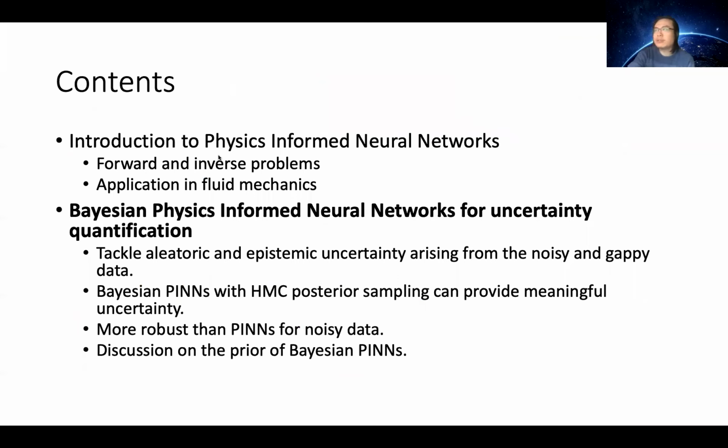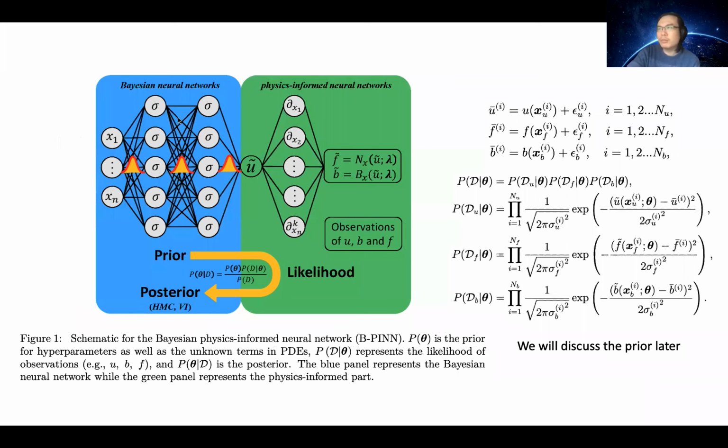And then let's go to the Bayesian part. Basically, I would say Bayesian PINNs are a very natural generalization of PINNs in the Bayesian framework. The point is, we put the Bayesian framework on the weights of the neural network.